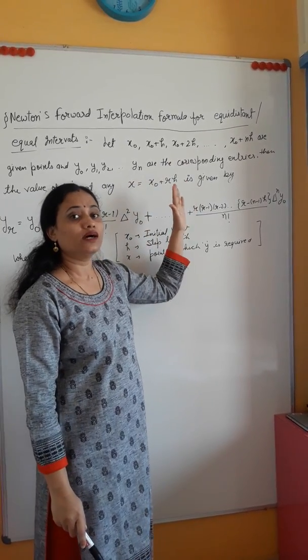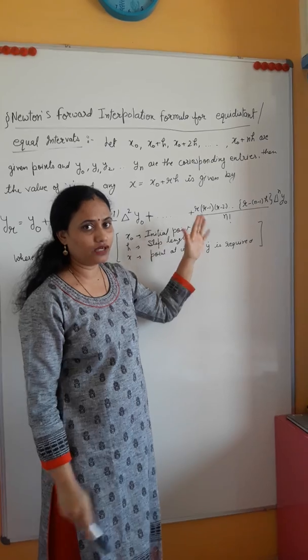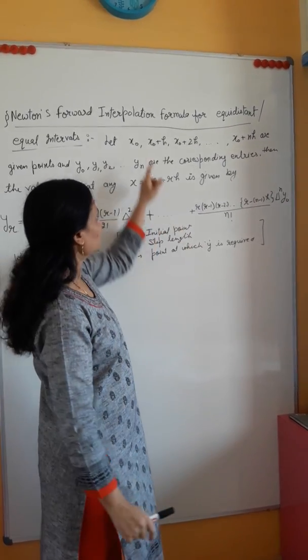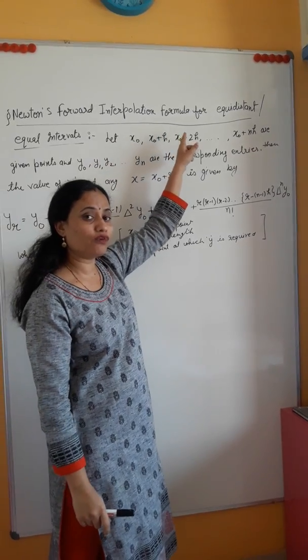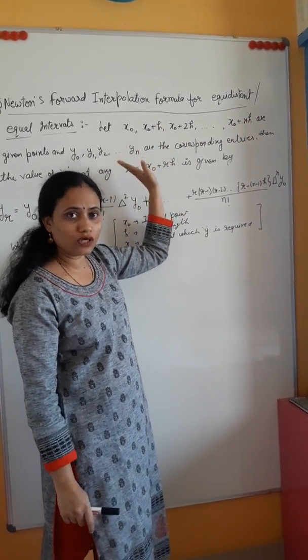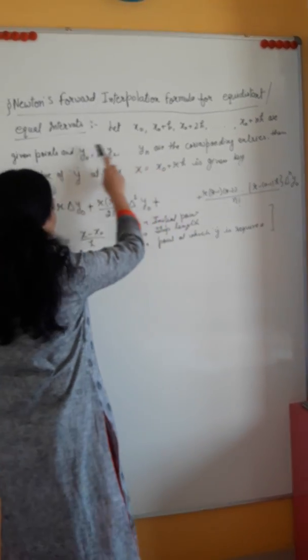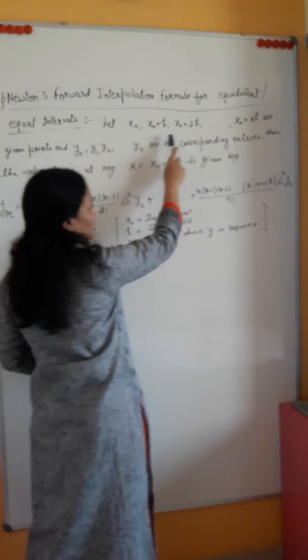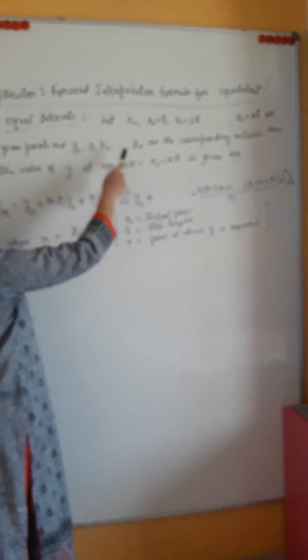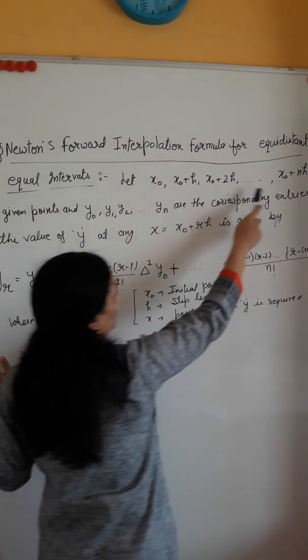That is the meaning of equal interval or equidistant. All are placed at equal distance. So this formula is specifically for this only. If this difference is not the same, then this formula is not applicable. Okay. So what is the formula? If these are the given points, x0 plus h up to x0 plus nh, how many points are there?